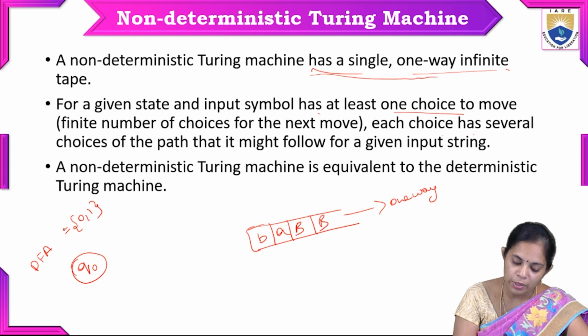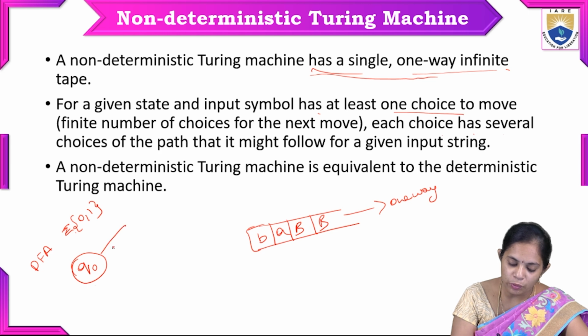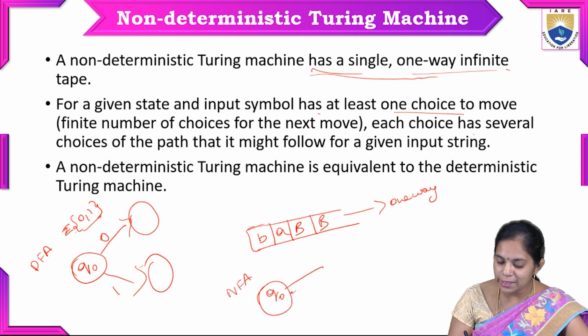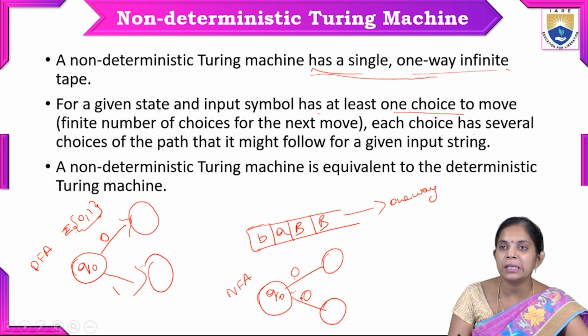For determinism, we have to give the path for each and every input we have. And coming to the NFA, non-deterministic, maybe we have 2 paths for the 0 input. So multiple choices for a single input. This is non-determinism.